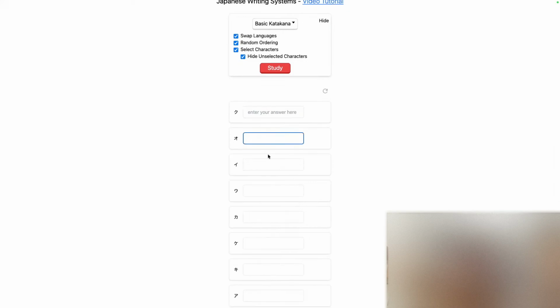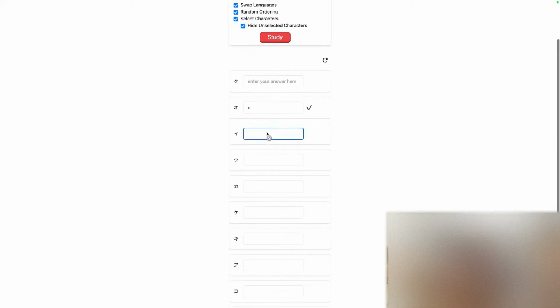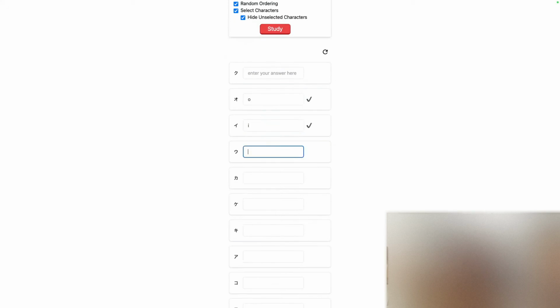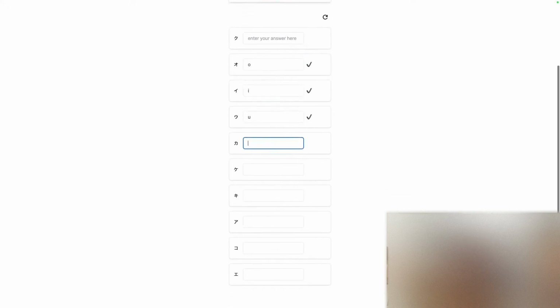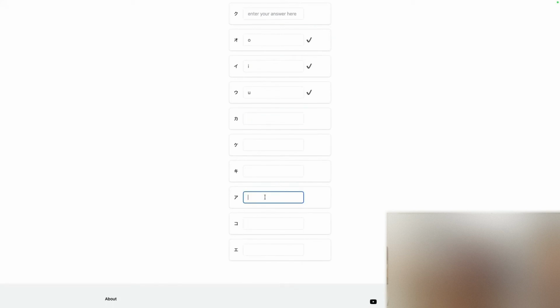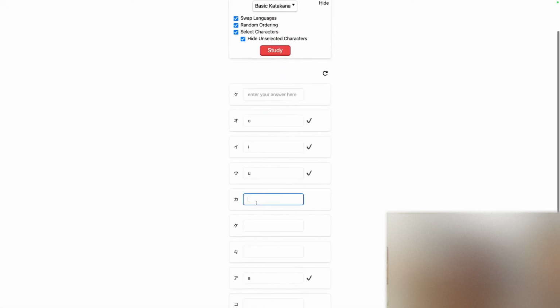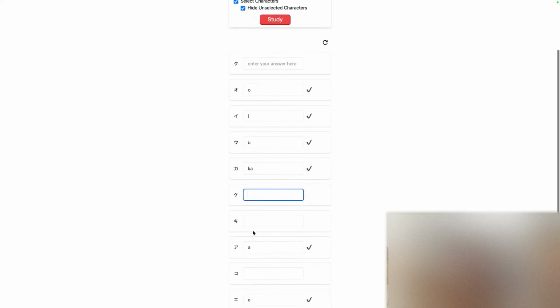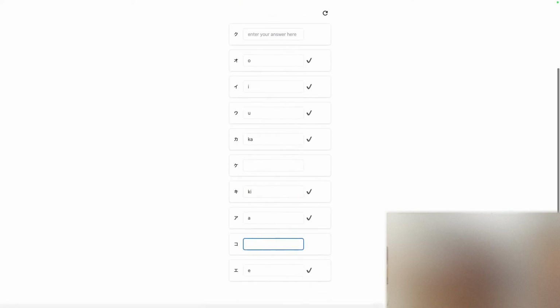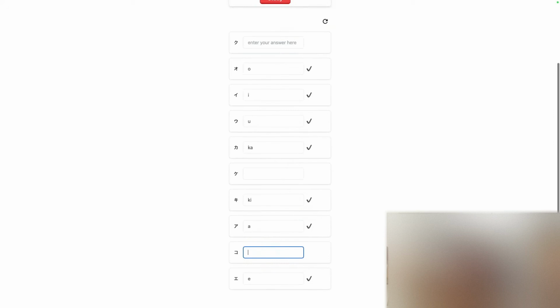And perhaps a bit sneaky, but I'll start with the vowels, right? So this is E, U, A, E. Then I know this is Ka, this is Ki. So I just know all that's left is Ke, Ka, Ki, Ku, Ke, Ko.